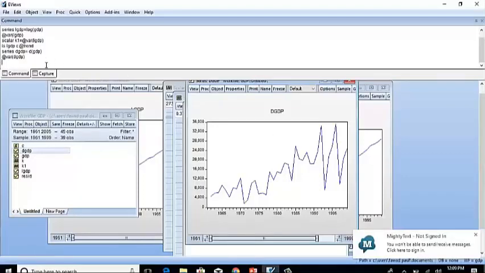So let's take the first difference of the log of GDP. Series DLGDP = D(LGDP).